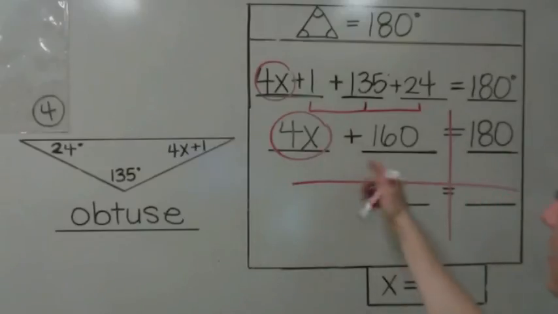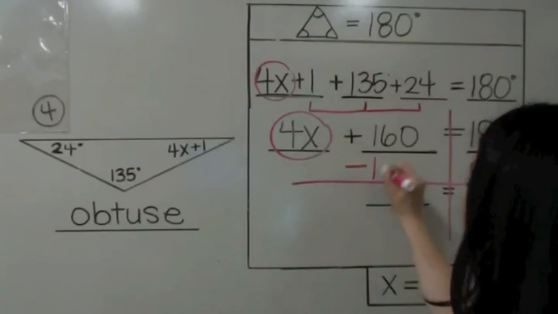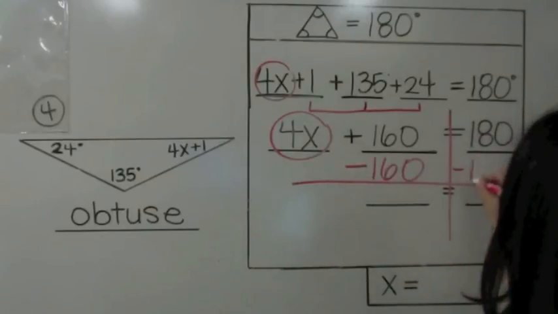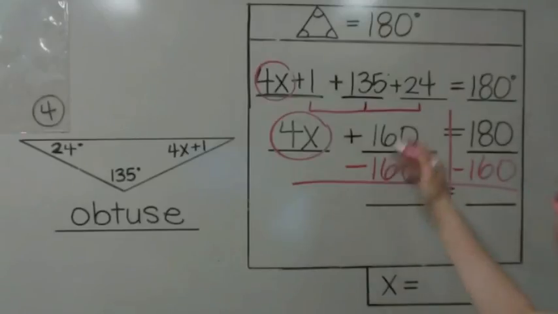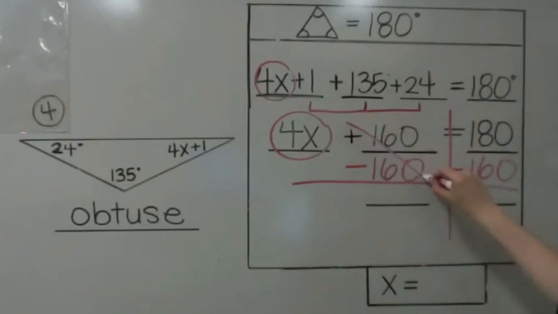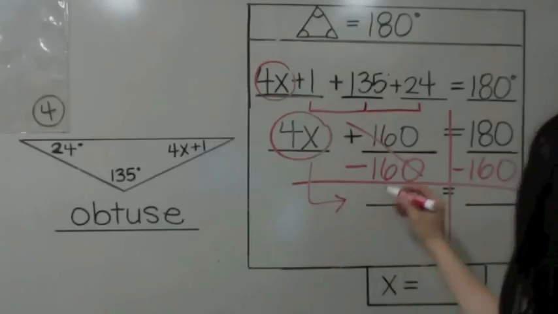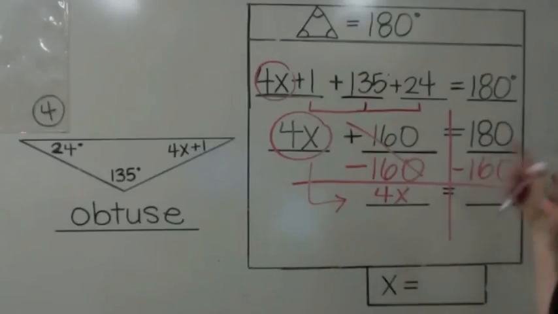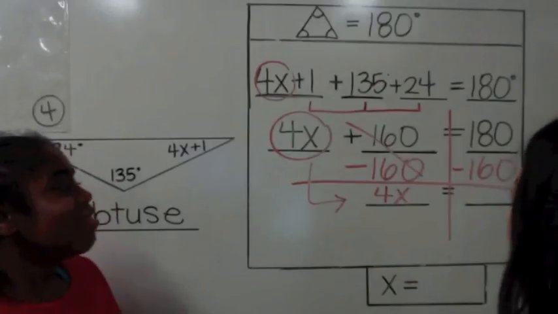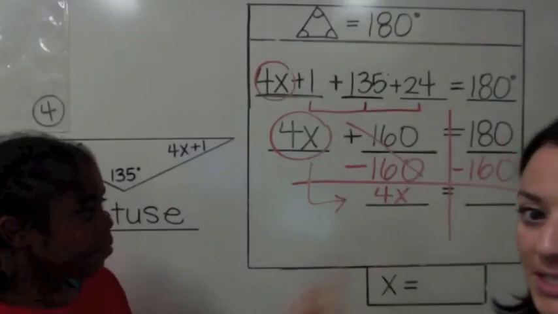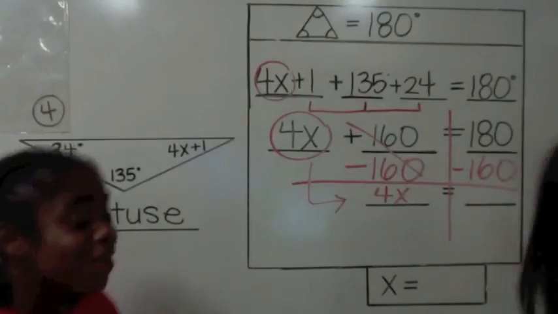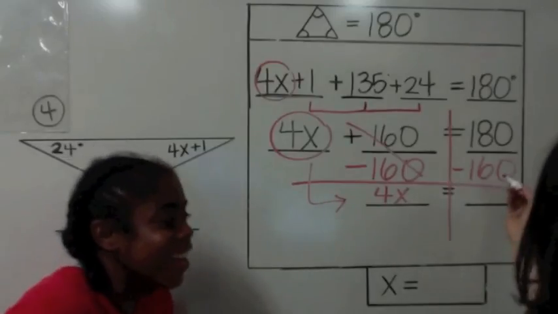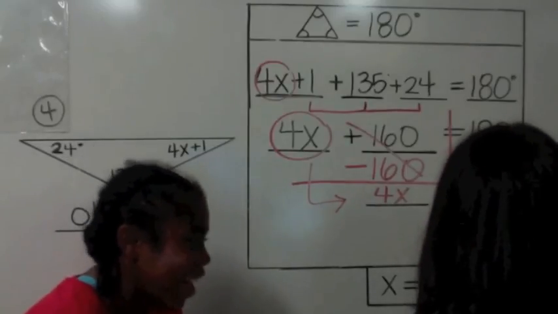The opposite of positive 160 is negative 160 degrees. Okay, positive 160 and negative 160 make 0. We're going to bring down the 4x. All right, so now 4x equals, so what is 180 minus 160? It's 20. Okay. So that's 20.